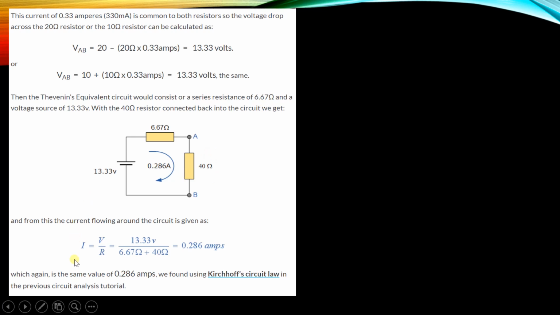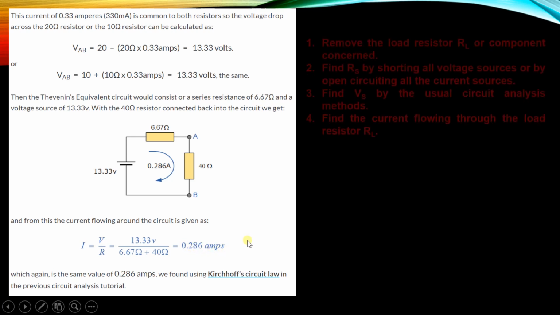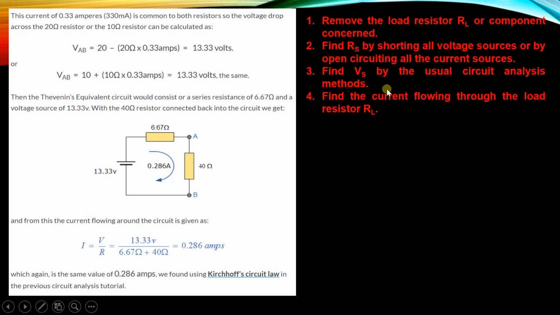Then we find the load current, I equals V upon R. V is our 13.33 volts and R is this 6.67 ohm plus 40 ohm, and so the load current is 0.286 amperes. This is how we calculated the values by using these 4 steps.